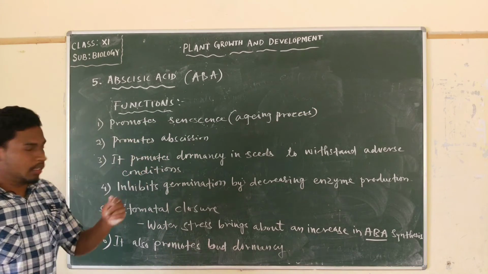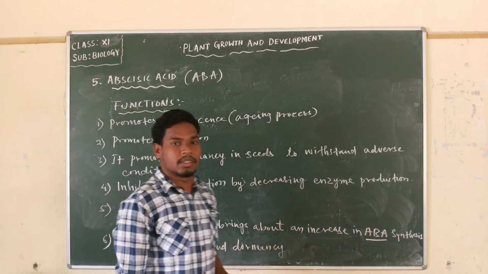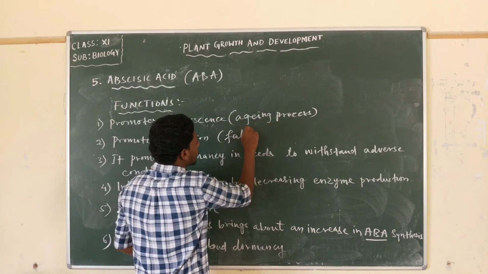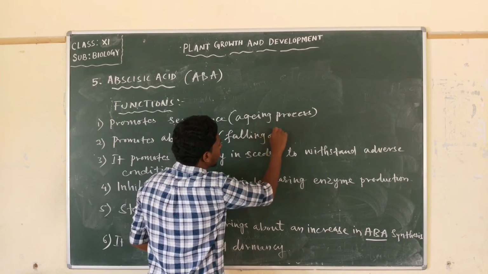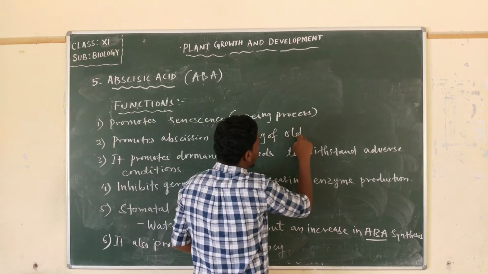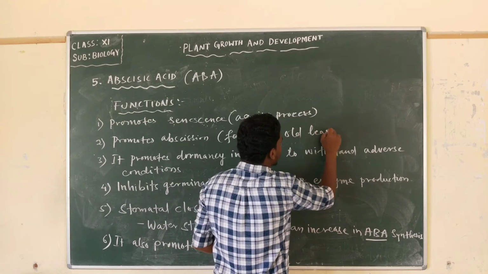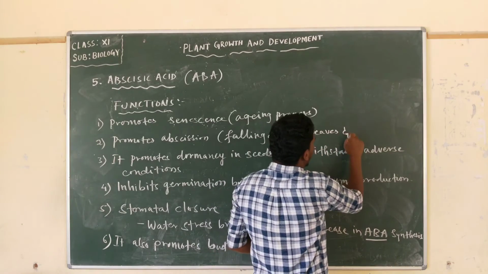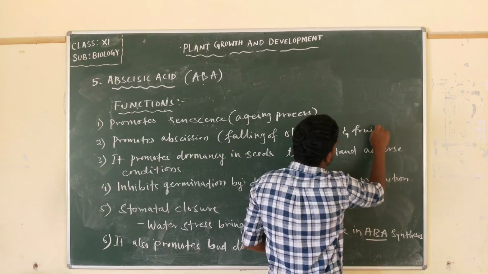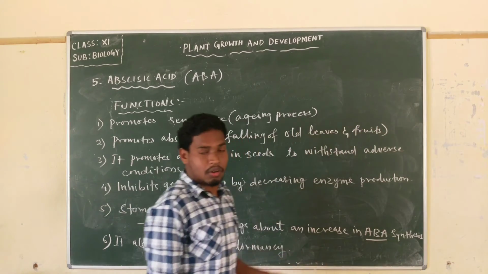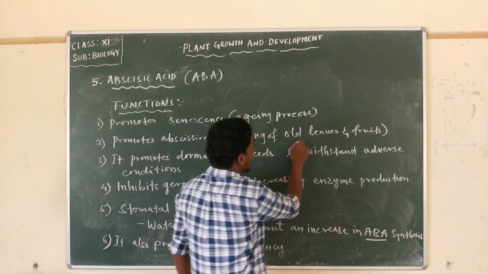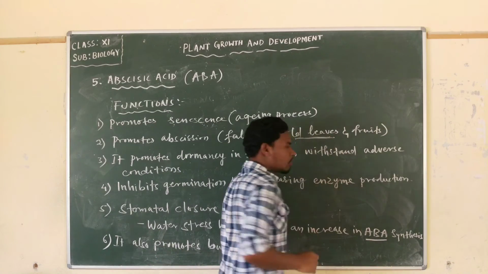The next function is that it promotes abscission. Abscission means the falling of old leaves, and even old fruits. Most probably it is about the leaves.